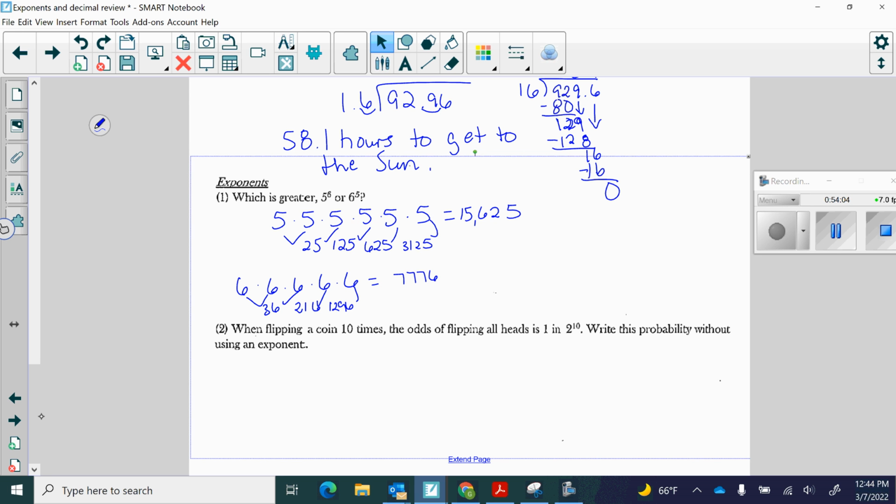So it looks like 5 to the 6th power is greater.